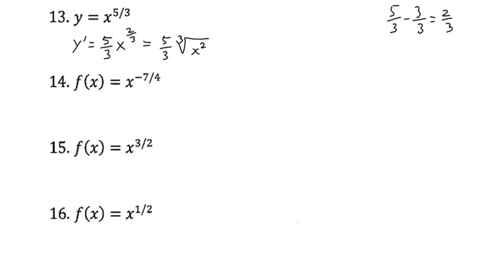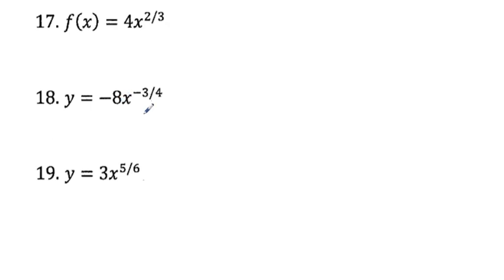Let's go to the last one we're looking at in the set, which is problem 18. We have y equals negative 8x to the negative 3/4 power, so y prime is going to be negative 8, and then we take this n value and multiply it out front by negative 3/4, and then we take x to the, well, we're going to have to subtract 1 from that, so negative 3/4 minus 1 is negative 3/4 minus 4/4.